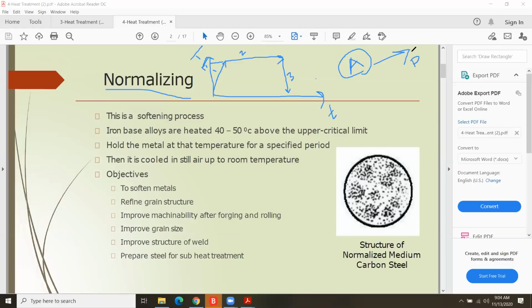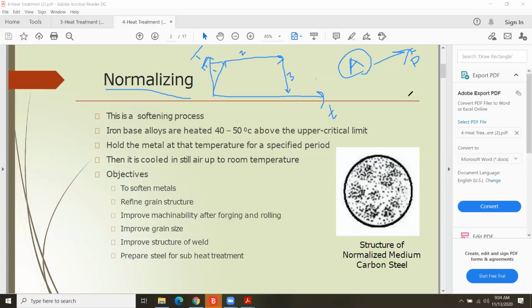That pearlite structure should be fine pearlite, right? This normalized steel has a fine pearlite structure. So this one is important, right? During the normalization process, austenite structure is converted into the fine pearlite structure, right?